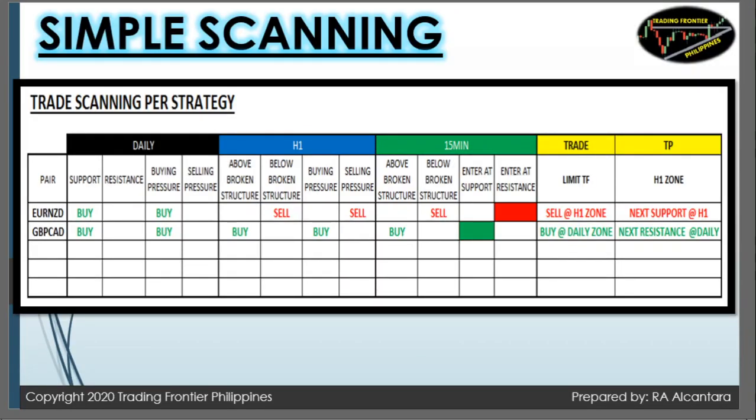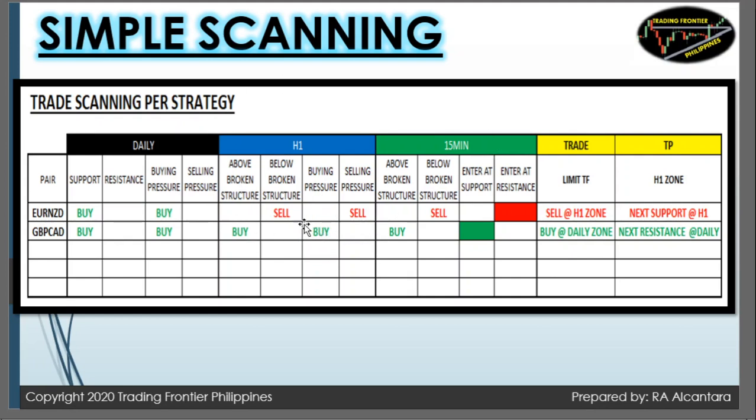So going back to our table, we know that on an H1 time frame, the price broke structure, the previous resistance now becomes support, so I will take that position as a buy. Correct. And then I saw pin bars. Definitely, there's a buying pressure at the current market.